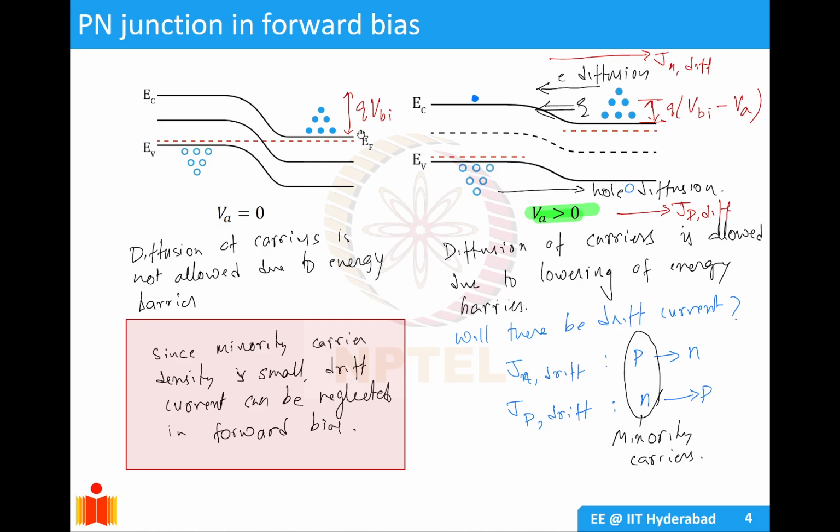Earlier your built-in potential was q VBI. Now your built-in potential has reduced by VA, so your new built-in potential is q(VBI minus VA). This allows electrons to go from the N side to the P side, and holes to go from the P side to the N side, and this results in a net diffusion current.